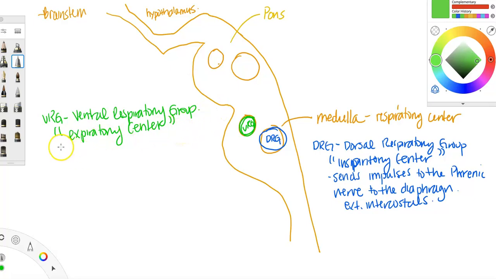So this one is only active during forced expiration.